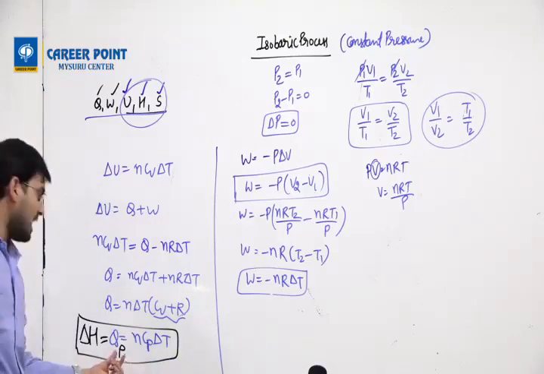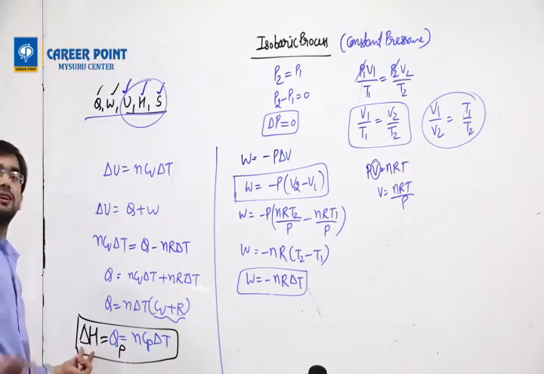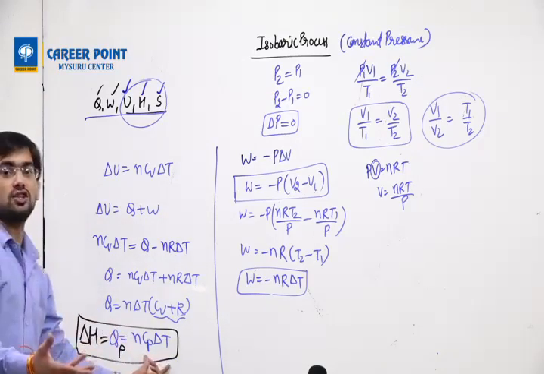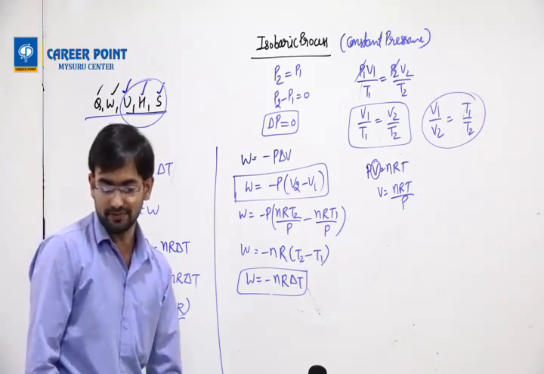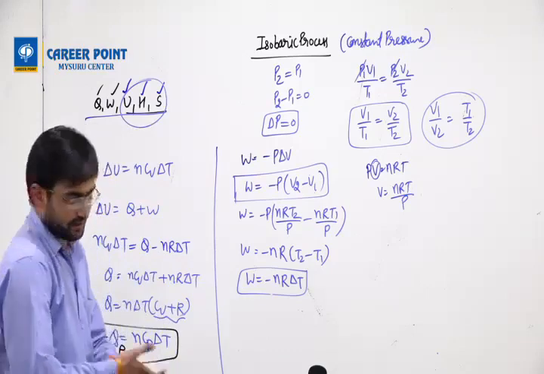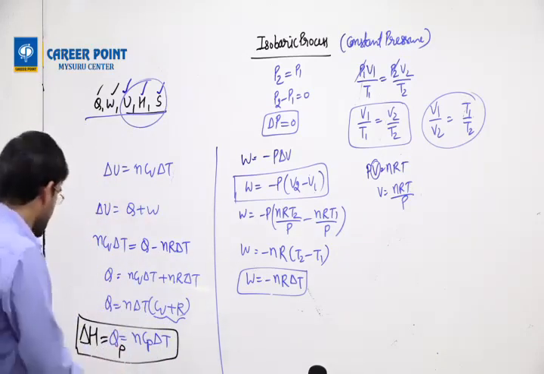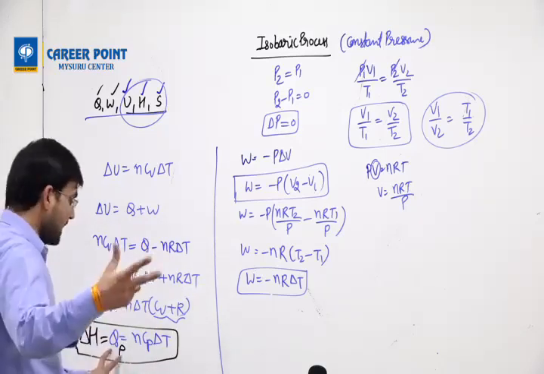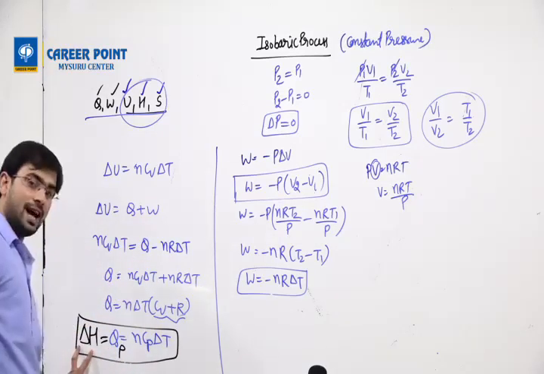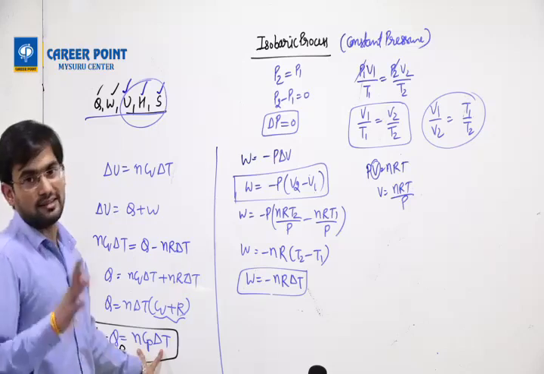You can simply write QP equals to delta H and delta H equals to nCP delta T. Understand point? So that is a trick. If they ask heat absorbed by the system, they are asking QP.